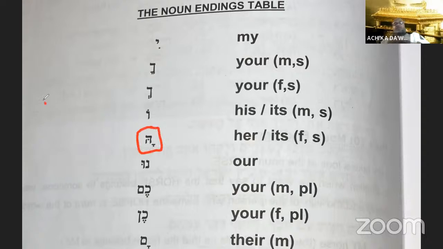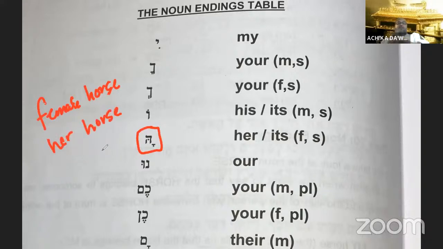There's a difference between a female horse, okay, and her horse. Okay. See? So her horse can be male or female. A female horse is a female horse.